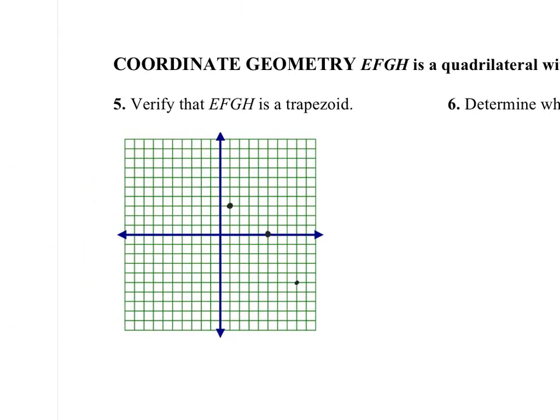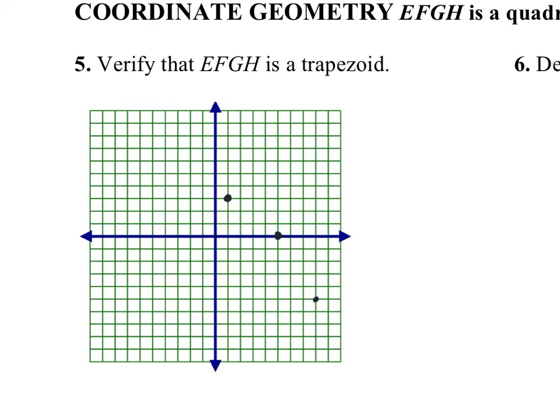So it's kind of an interesting figure. Negative 4, 4, so 1, 2, 3, 4, up 1, 2, 3, 4. All right, so let me zoom in and draw my segments from one to the next.